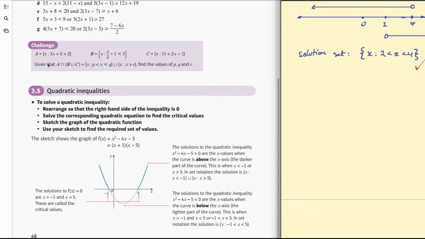Alrighty, if you are in the live stream, let me know. Should we move on to quadratic inequalities or do this challenge here? If nobody says anything, I'll be moving on and leaving that one for you to have a go at if you want to. I think that means to do the challenge.